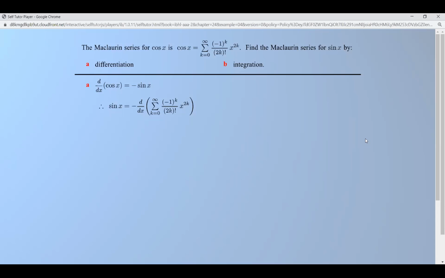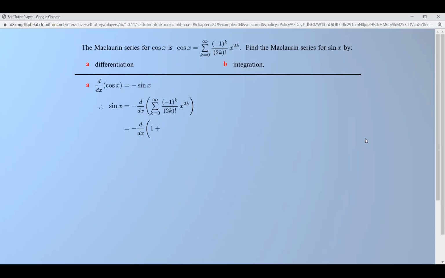Maclaurin series, we need to be careful with the first term. We will see why in a moment. In this case, when k equals 0, we have the first term minus 1 to the 0, which is 1, over 0 factorial, which is 1, times x to the 0, which is 1. So the first term is 1.